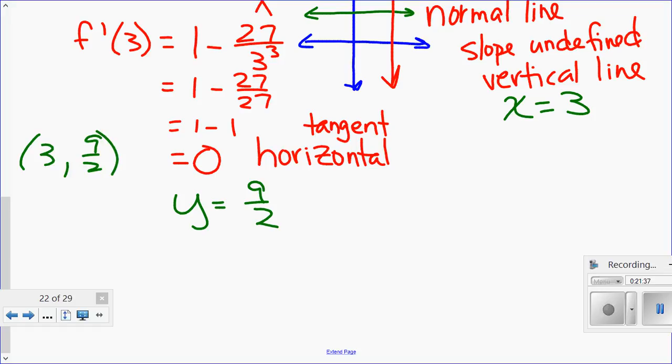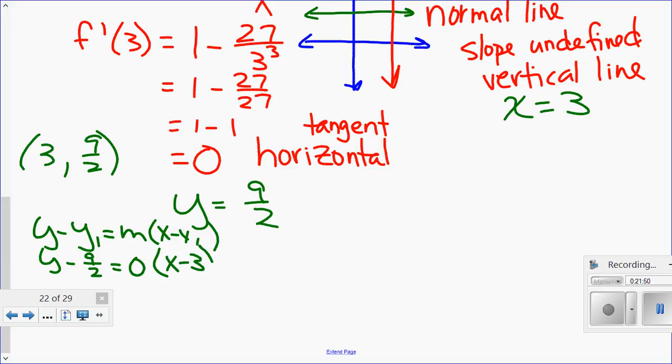The point is (3, 9 over 2). You can do this one. y minus 9 over 2 is equal to 0 times x minus 3. This whole side becomes 0. So y minus 9 over 2 equals 0, so y equals 9 over 2.